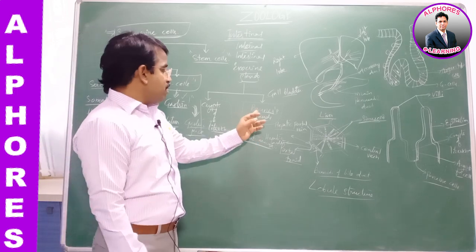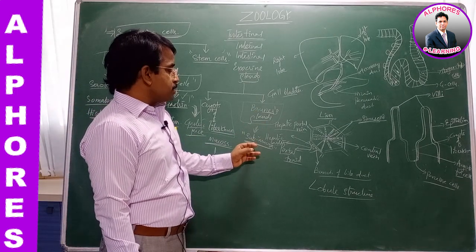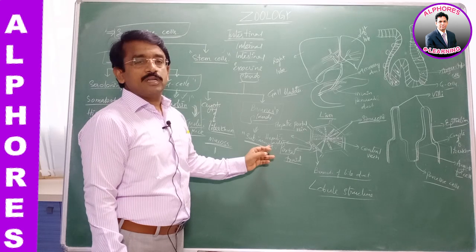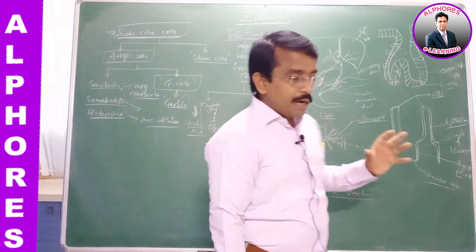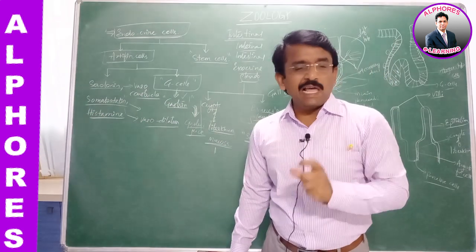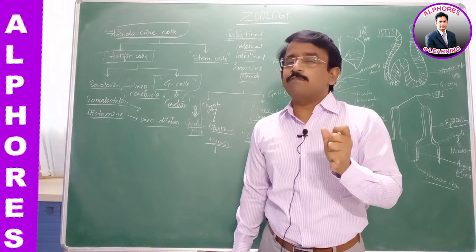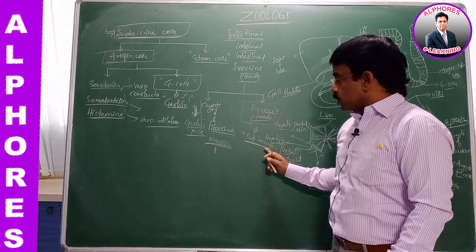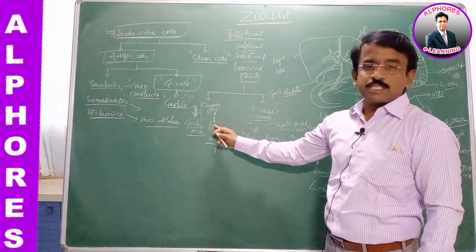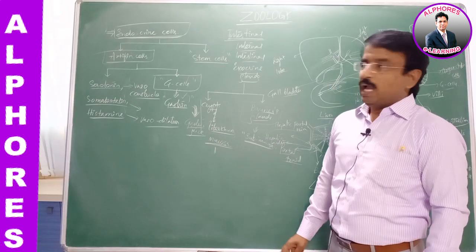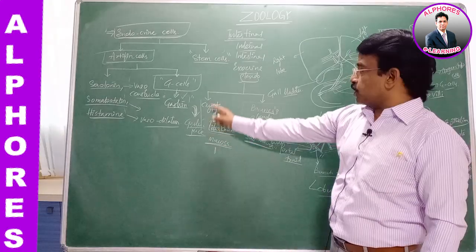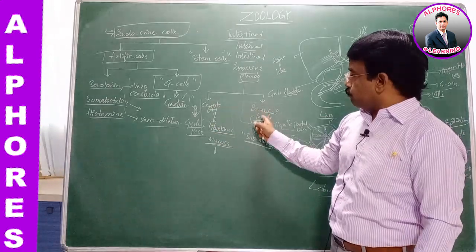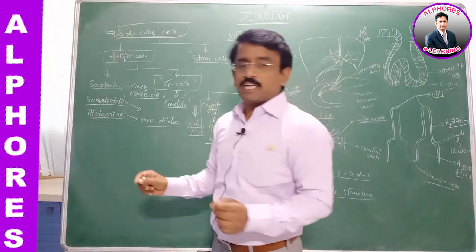Whereas Brunner's glands are present in the submucosa region, secreting mucus and a little enzyme. So this one is mucus secreting and that one is intestinal juice secreting. The combination of the secretions of the crypts of Lieberkuhn and Brunner's glands is said to be the intestinal juice.